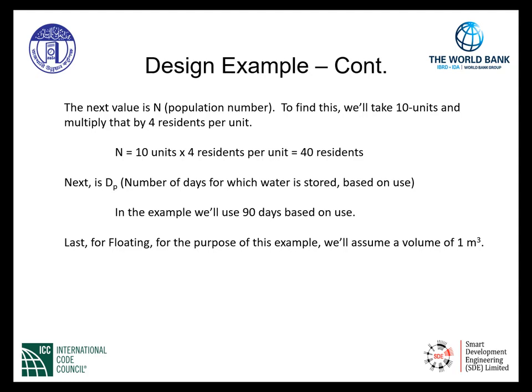Next is D sub P, number of days for which water is stored based on use. In this example, we will use 90 days based upon our dormitory application. Last, for floating, the additional capacity, we will assume a volume of 1 cubic meter.